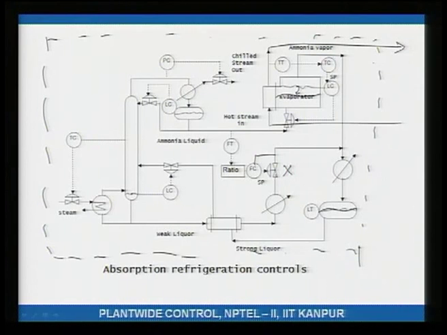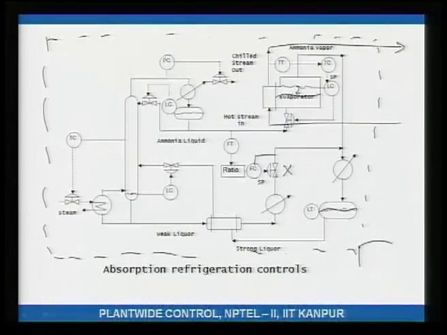As far as the water and the ammonia are concerned, there is no stream of water or ammonia getting out of this plant. So, if I think of the plant as a tank, there is this hot stream coming in, this chilled stream going out, and there is a lot of water and ammonia circulating around. And that is the inventory.